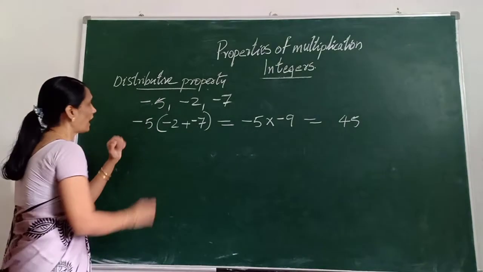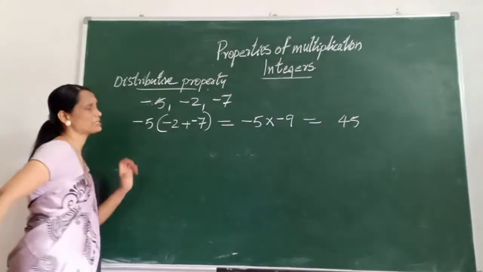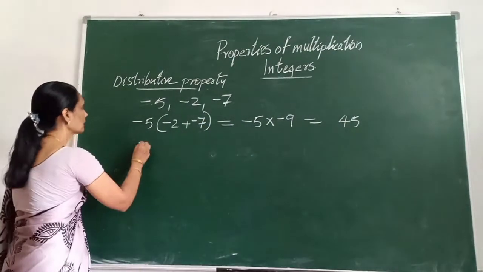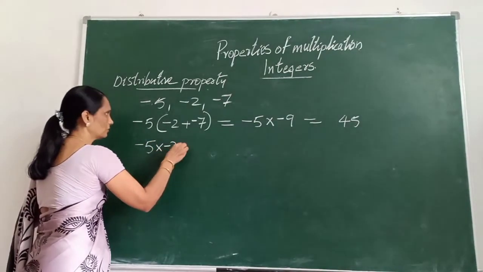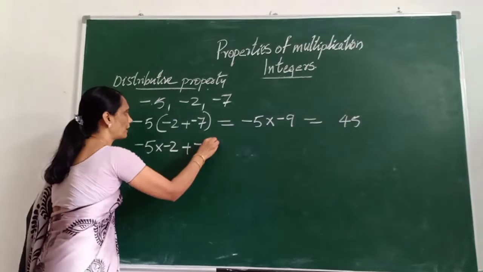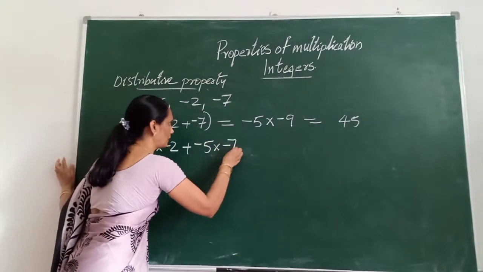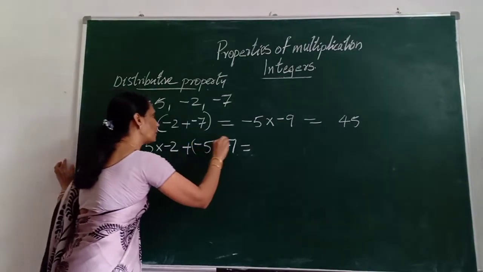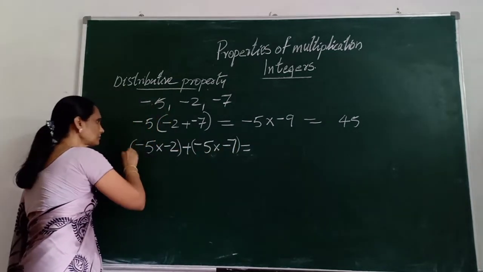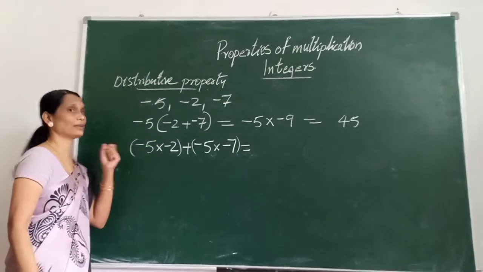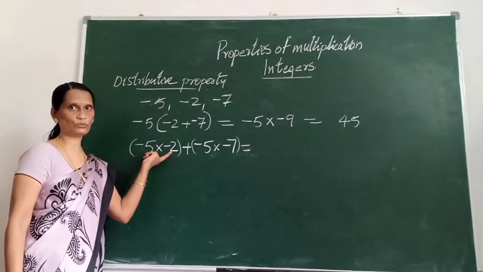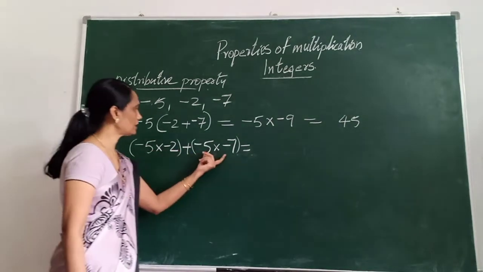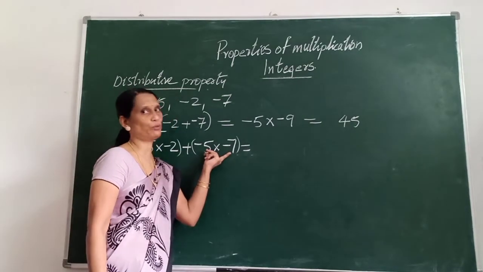Okay, now let us see with the same numbers. Let us do the operation in another way. It means minus 5 into minus 2 plus minus 5 into minus 7. Let us see what we are going to get. So here minus 5 into minus 2 should be done and minus 5 into minus 7 should be done.